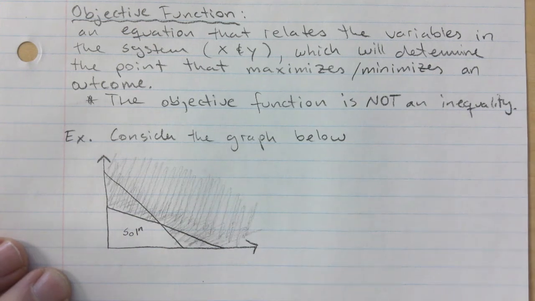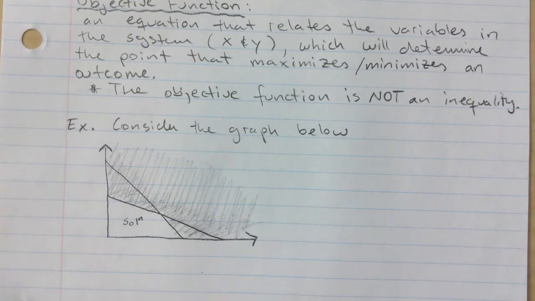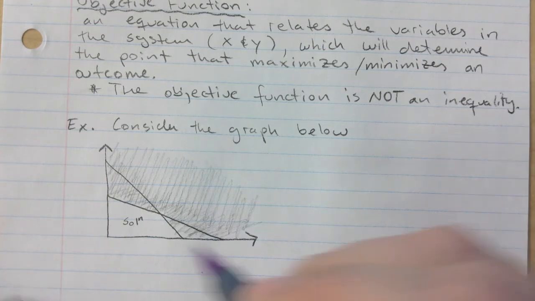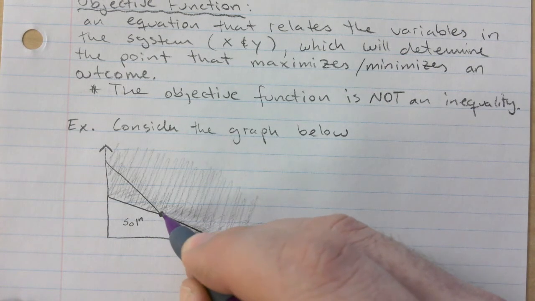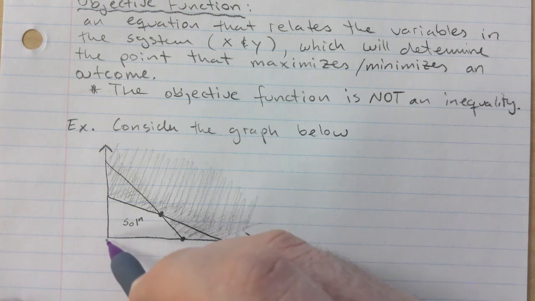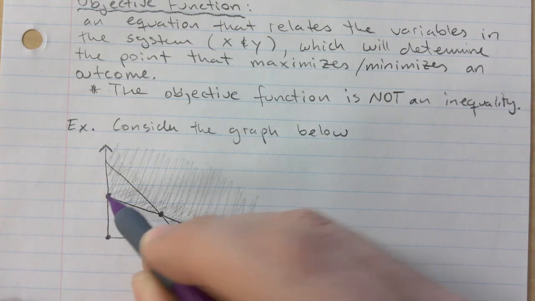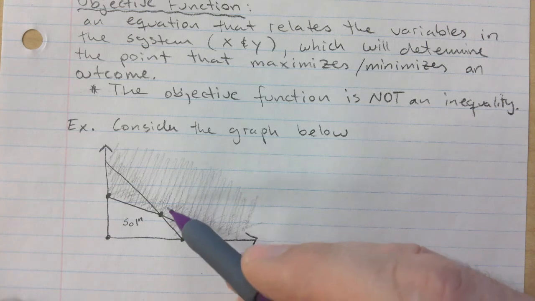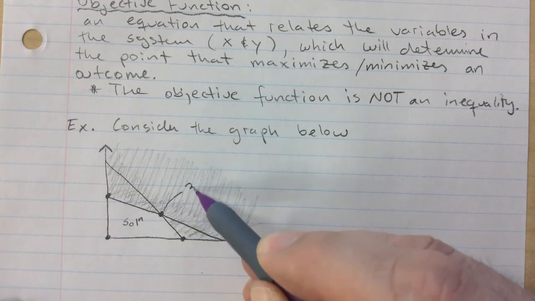So when we solve these, right, we come up with our inequalities, we graph them, we come up with the solution region after shading. We have our corner points. In this case, it would be whatever surrounds the solution region, right? And let's say this point right here is 3, 2.